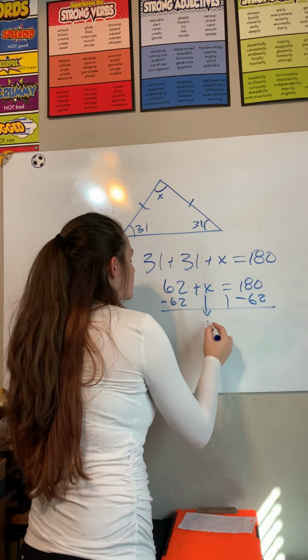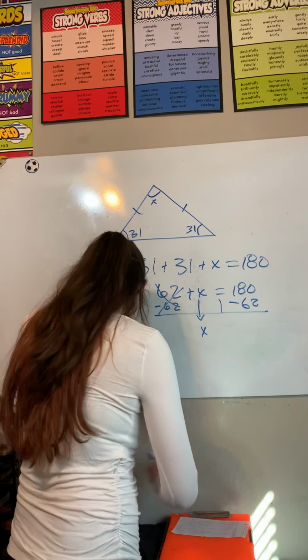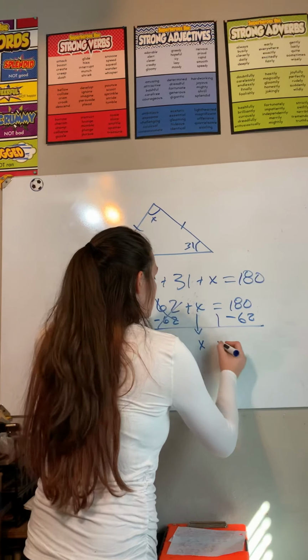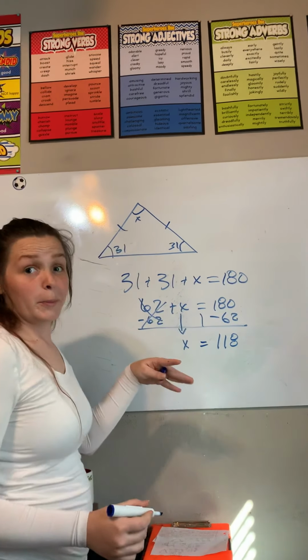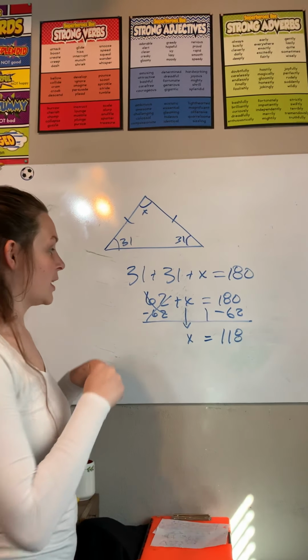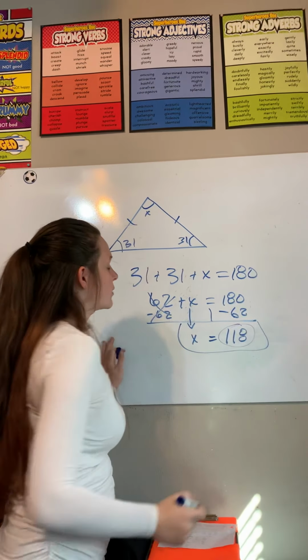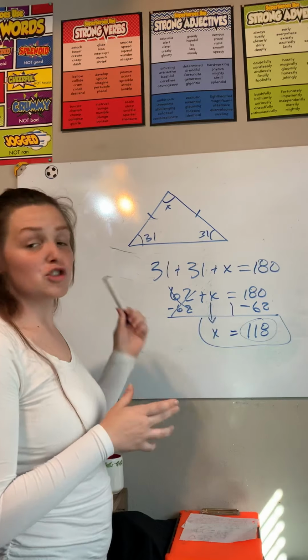Drop the X. That cancels out. 180 minus 62 equals 118. Well, my prediction was wrong about it being an acute triangle. This is definitely way more than 90. But that is our angle for the top of the triangle.